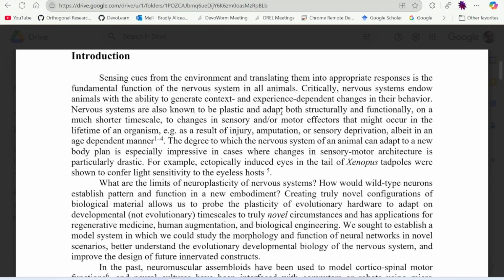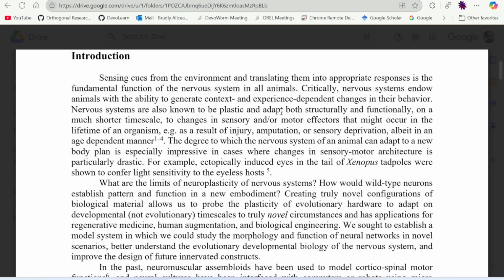Basically, when you put cells or sensory systems into a new environment, they change how they work, and so they exhibit plasticity. This is kind of at the heart of what we're trying to do with these biobots. They're trying to figure out what the limits of plasticity are.